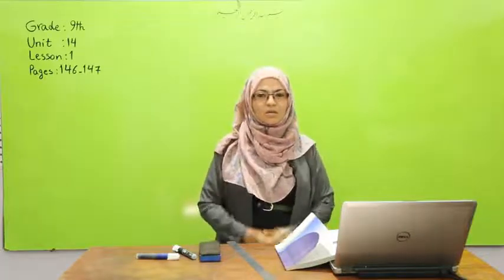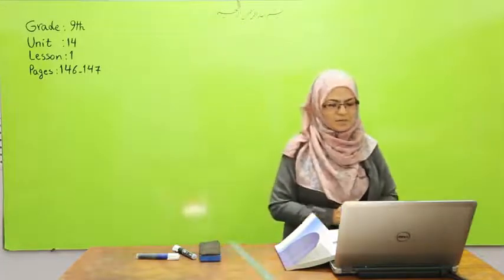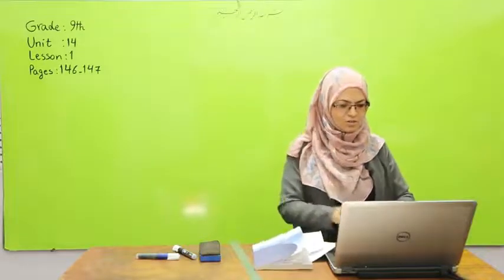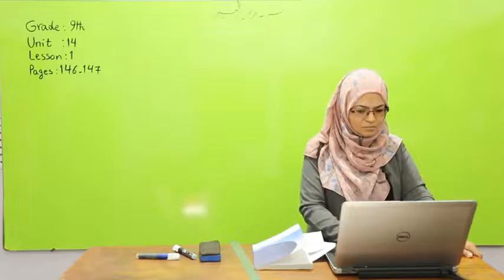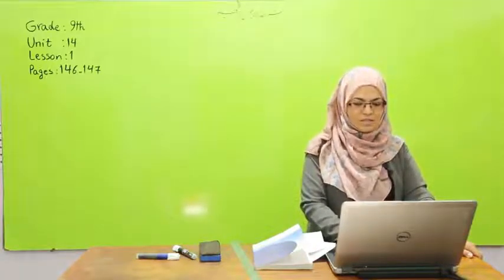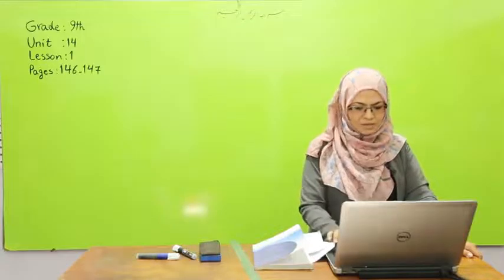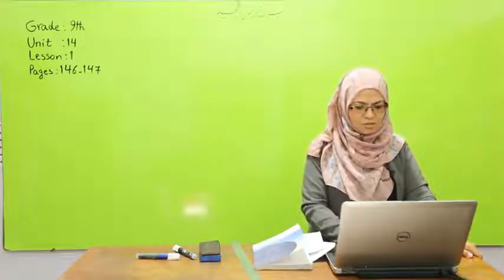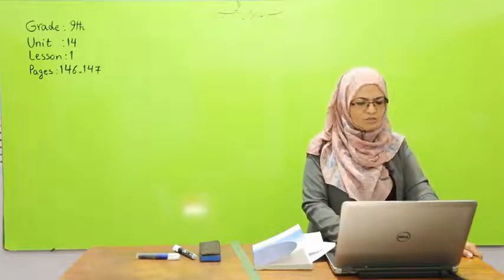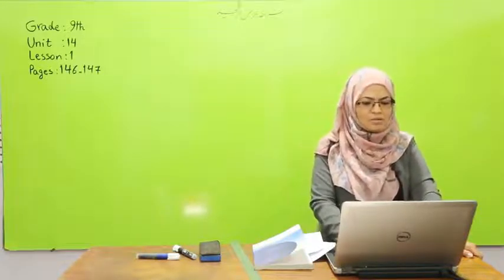So go to the book, open your books, and see the first page. In the first page, we have a discussion. You can see a phone here. That is a phone, and these are the usages of the phone. We use a phone to ask for someone or ask about someone.